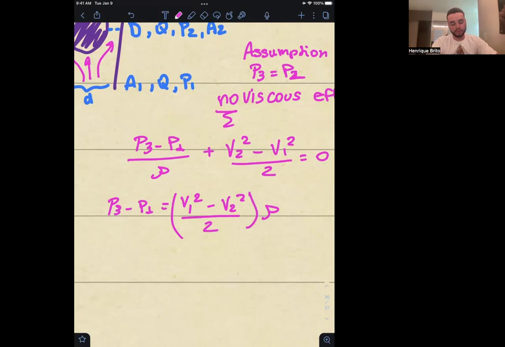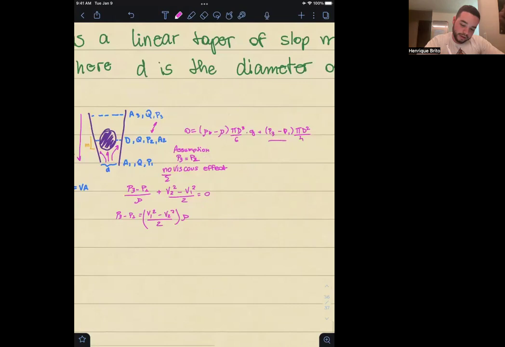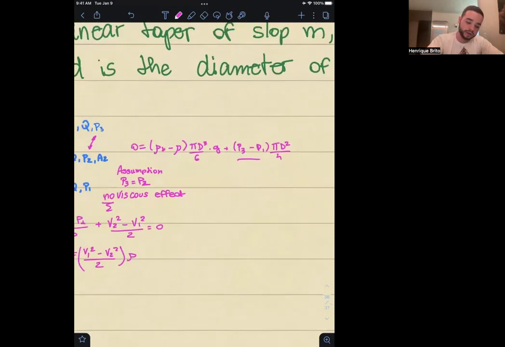So that's how it would look. Furthermore, we're going to use P3 minus P1 equal to that and put it into our original equation or expression. So let's do that.